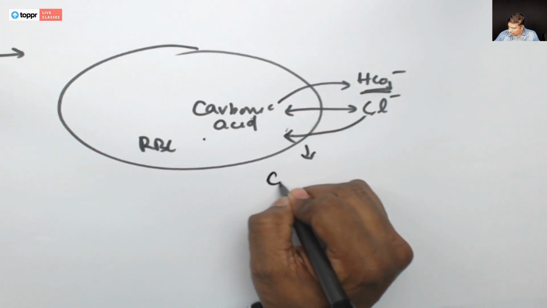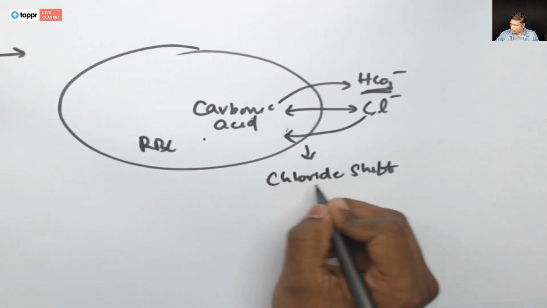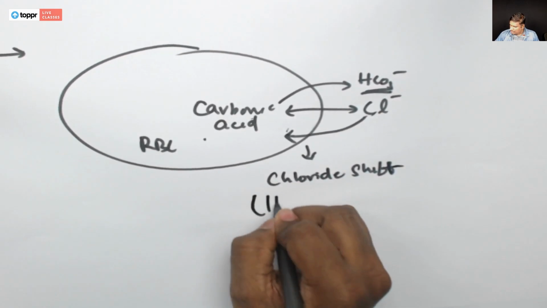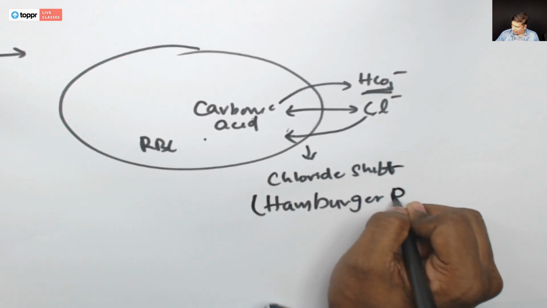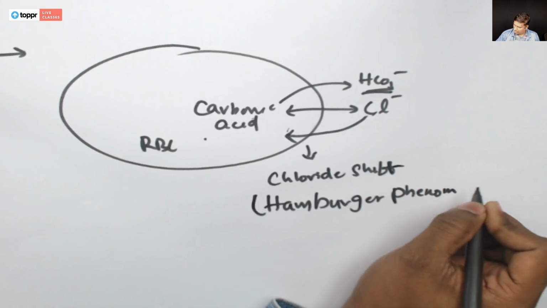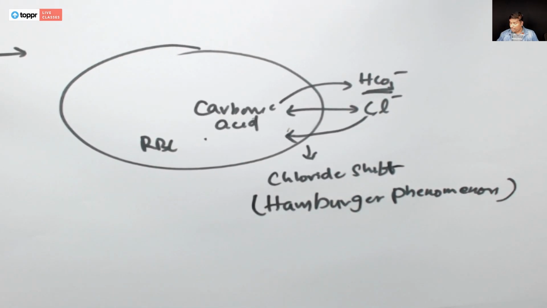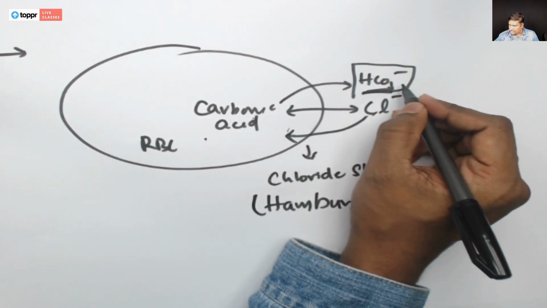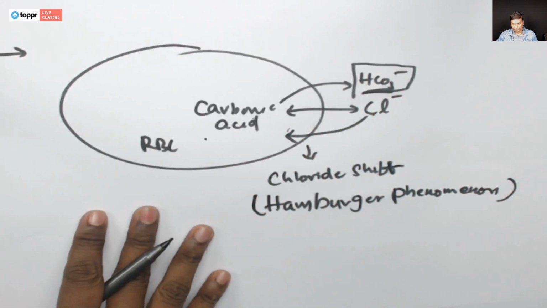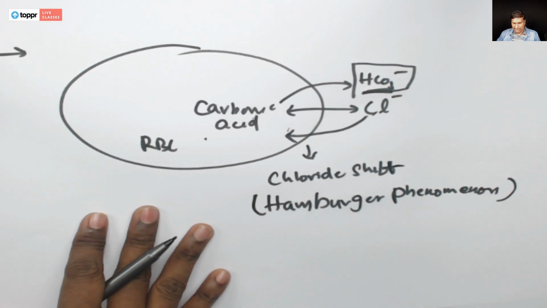This is called the chloride shift, also called the hamburger phenomenon. The chloride shift will happen and ultimately the bicarbonate is released into the blood.